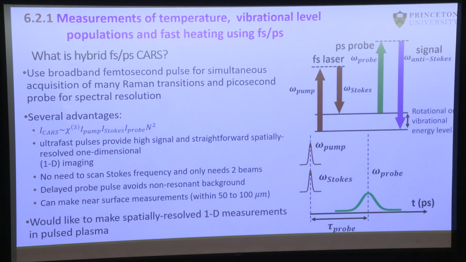It is broadband and ultrafast, and can excite many vibrational states at one time, so it allows you to detect the vibrational states, which typically you would have to do by changing the laser one by one.